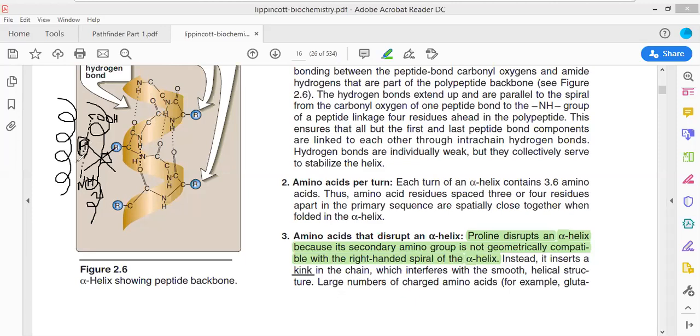All interaction is going to be lost. So all the interactions are being lost because of the presence of proline in between the interacting carboxylic group and the amino group. Because of the presence of proline, all the interactions are lost, and thus it will inhibit the formation of the alpha helical structure.